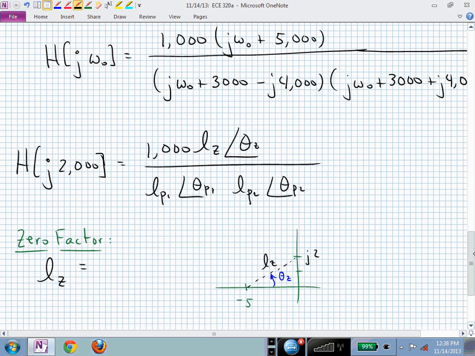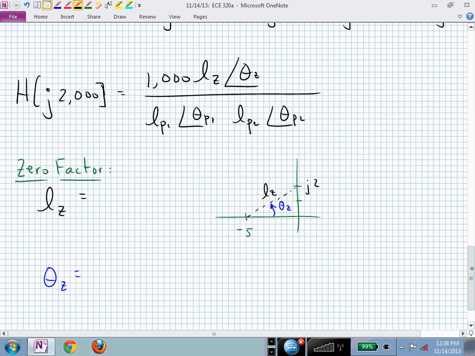If we look at the zero factor in particular, and keep that multiplication factor of 1,000 in mind, what's L sub z? What's the length from the zero to the point on the imaginary axis represented by a frequency of 2,000 radians per second?